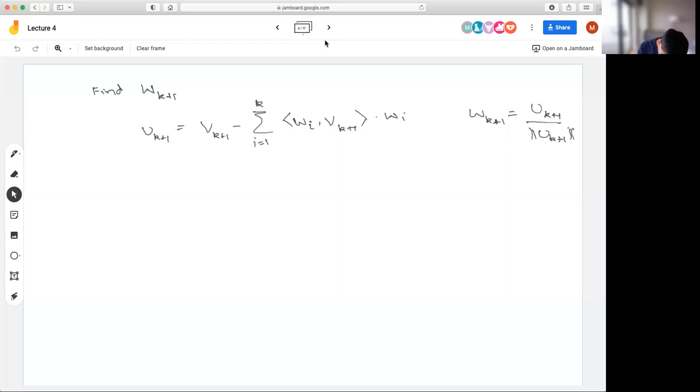So now I need to prove that U_{k+1} is orthogonal to all the W_i's. The W_i's from 1 to k just remain orthogonal to each other. And what I need to prove is that the inner product of W_i with U_{k+1} is equal to 0.